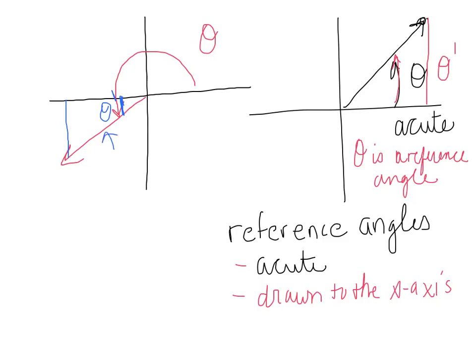And if I draw an angle in the fourth quadrant, it looks like this. This is theta, and the reference angle is this one, theta prime. Why is that important? Well, if I have an acute angle, then I can use that angle and the unit circle to find the values off the unit circle.